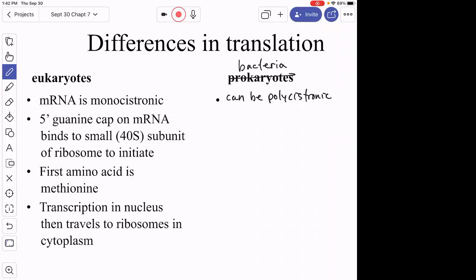In eukaryotes, we talked about that 5' cap that's necessary to protect that messenger RNA as it travels. That also serves to line up at the ribosome to initiate translation, where bacteria have what's called a Shine-Dalgarno sequence, in order to, we'll say, match up with the small subunits of the ribosome.